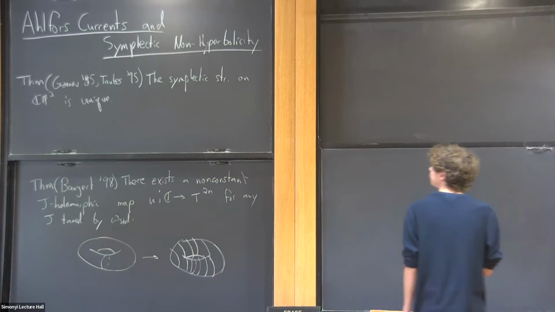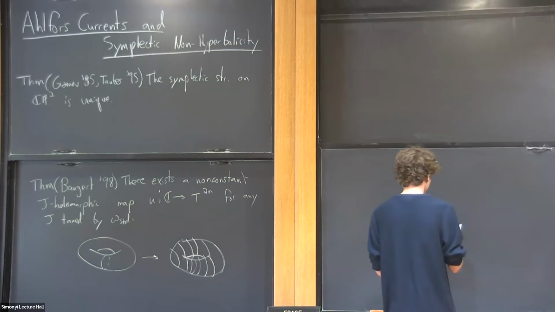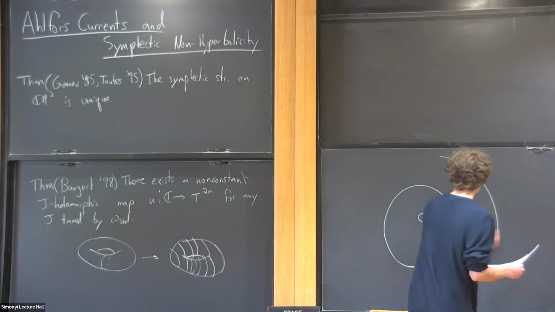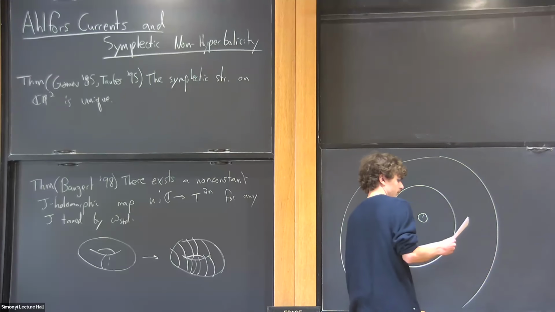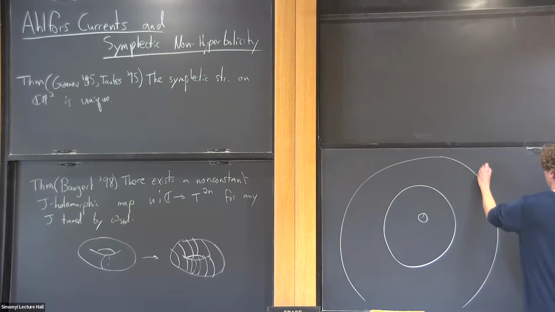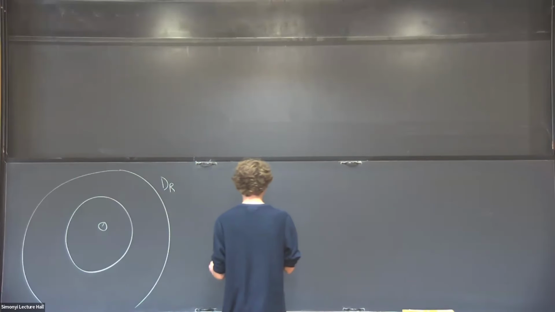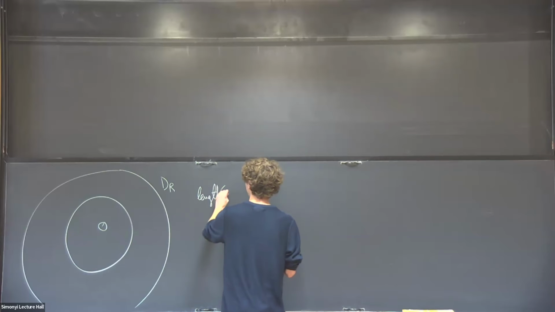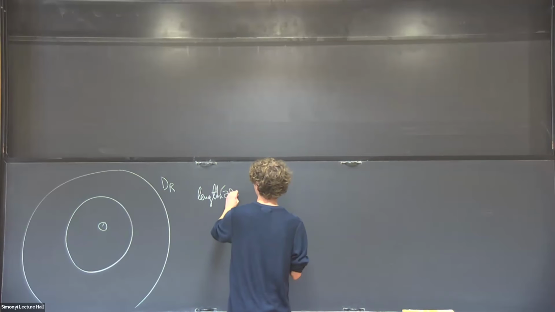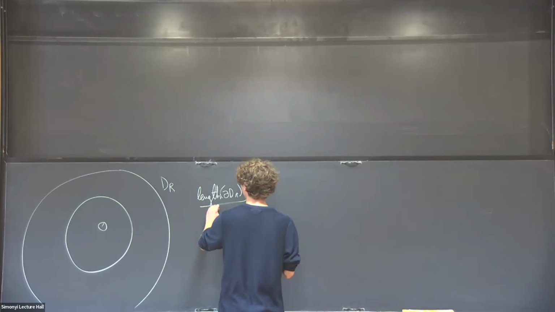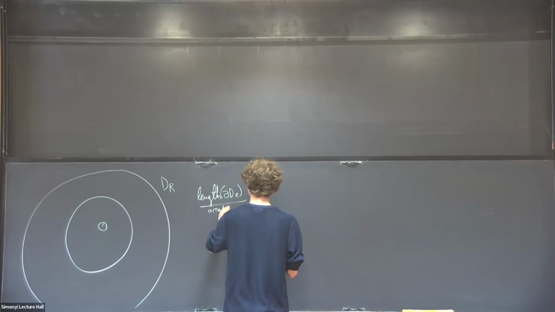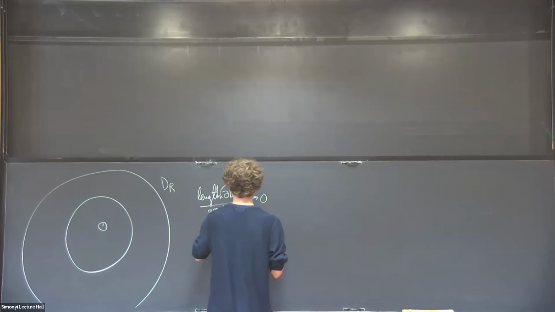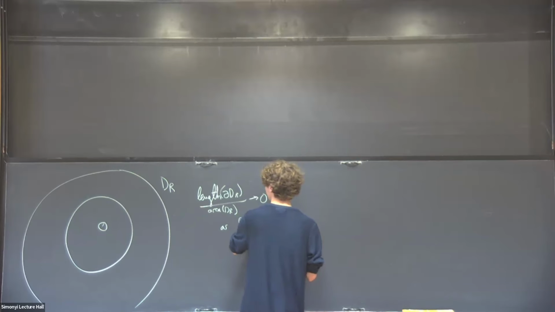And so just a geometric point about the complex plane: if you take disks of radius r, then the length of the boundary divided by the area goes to 0 as r goes to infinity.